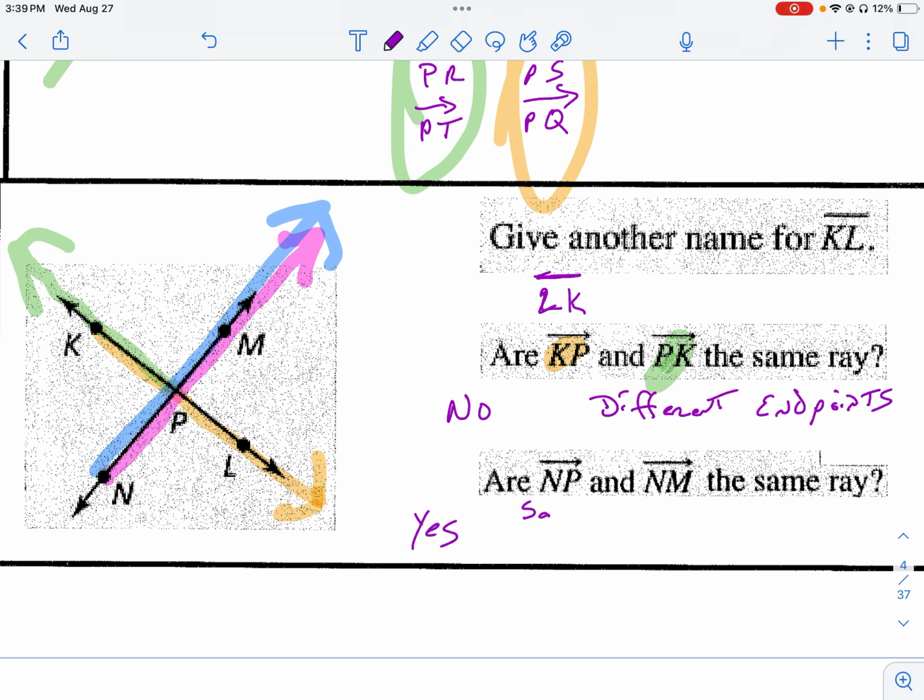Yes, they have the same endpoint. And remember, the first letter is always the endpoint, and they go in the same direction because they go on forever in whatever direction they're going. They will encompass all those points. So they are indeed the same ray.